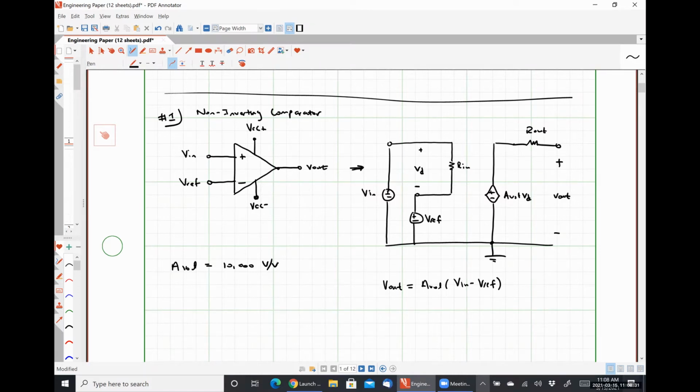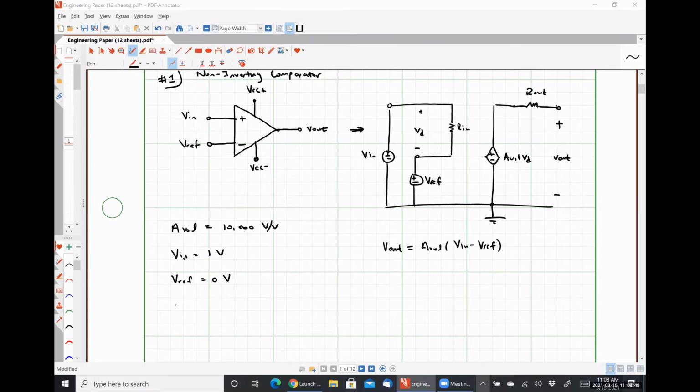So if we used our characteristic equation for our non-inverting comparator, and let's say that we had Vin equal to 1 volt and Vref equal to 0 volts, if we used our equation by itself, what should our output be? 10,000, right? Because it's just the gain multiplied by the difference.